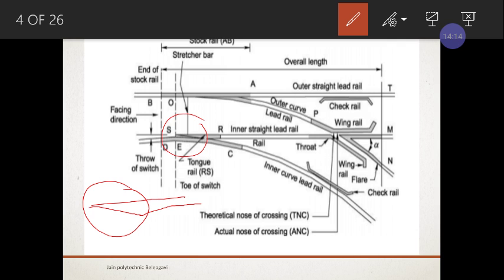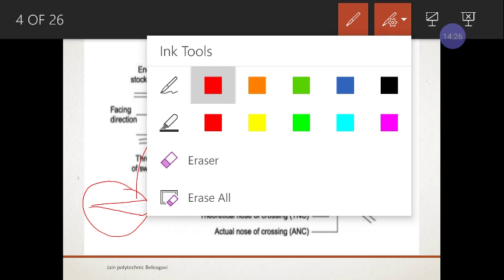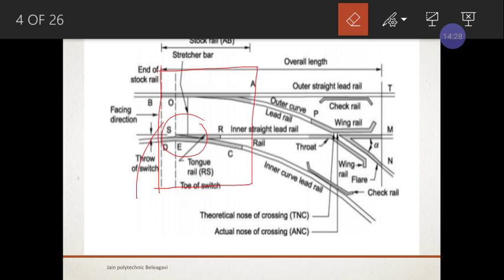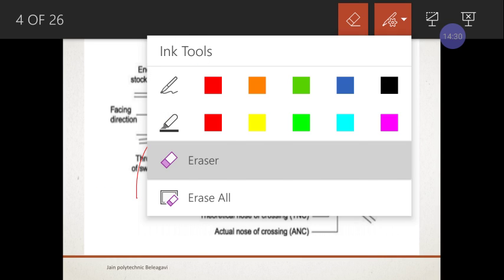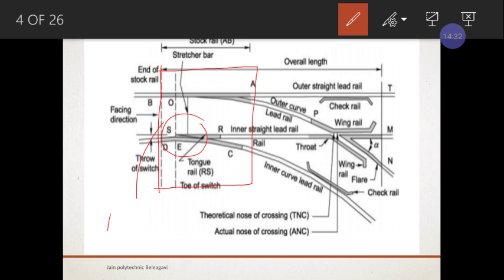So the place where the combination of stock rail and tongue rail happens is called the points. Right? That is called the points.